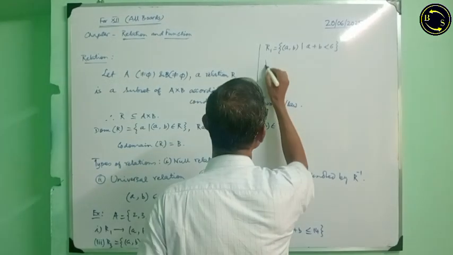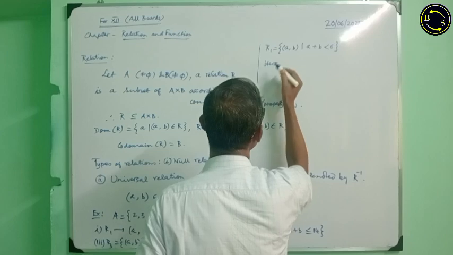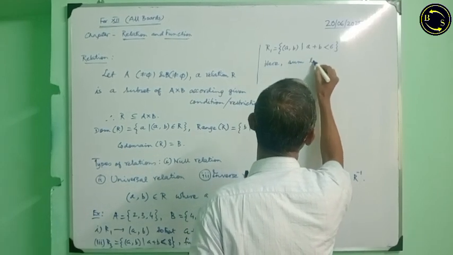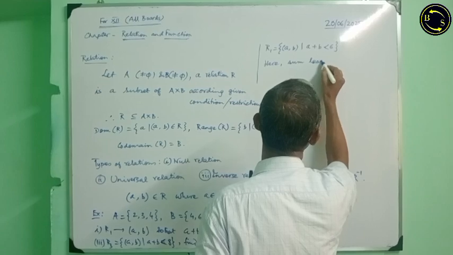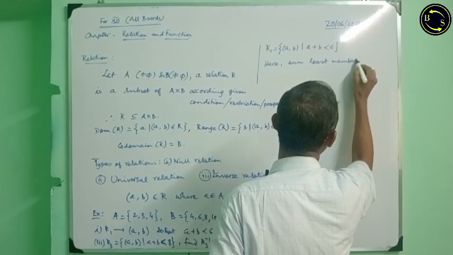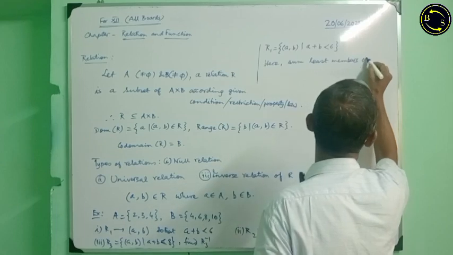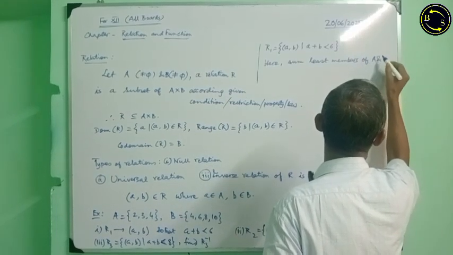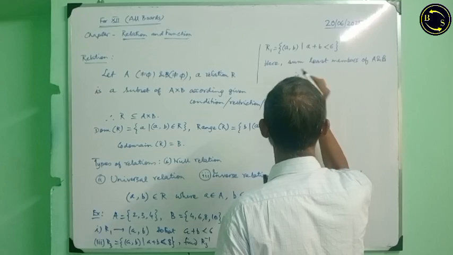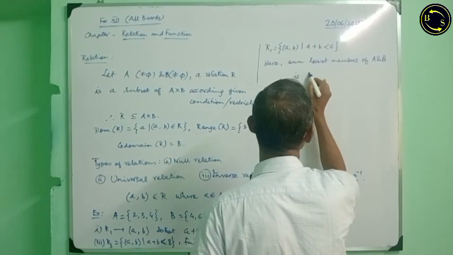Here, the explanation will be this. Here, the sum of least members of A and B is 2 plus 4.